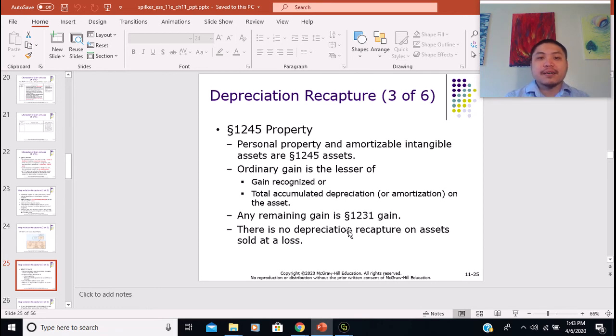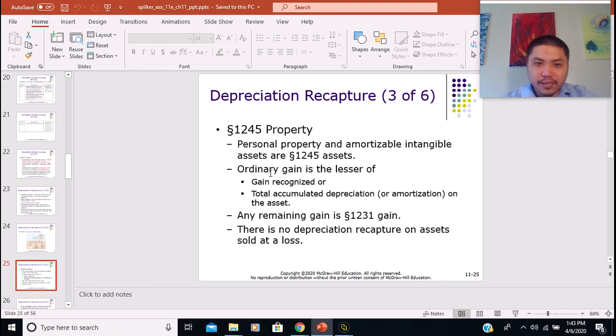So in this case, the ordinary gain for selling section 1245 property is going to be the lesser of either the gain recognized or the total accumulated depreciation or amortization on the property. Whichever number is smaller, I'm going to treat that as the ordinary gain.